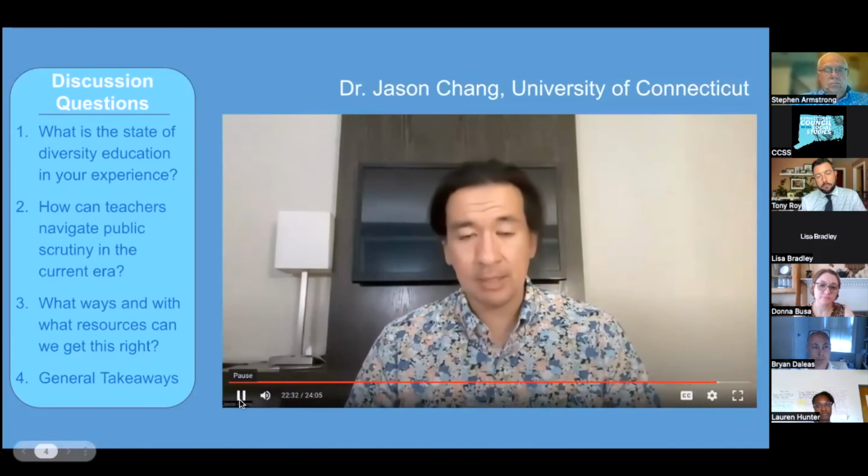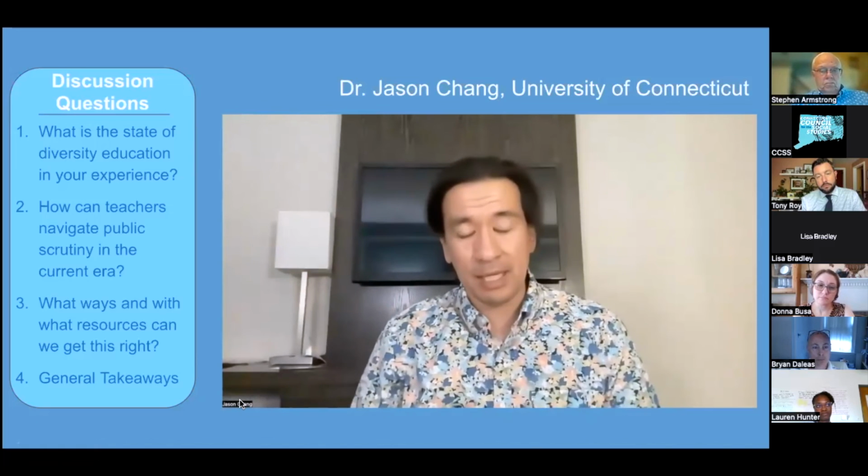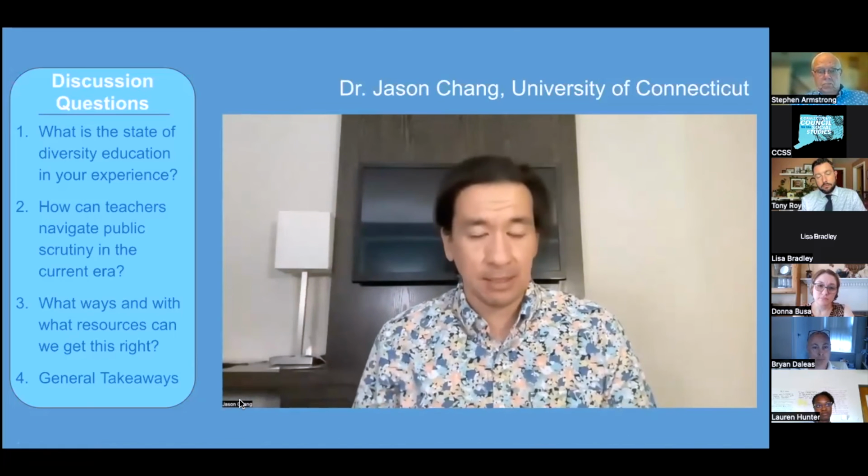One of the big pieces to the field of Asian American studies right now is recognizing the role that Asian Americans play in advancing the colonization of Pacific Islanders, right?